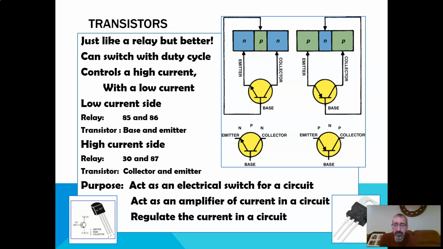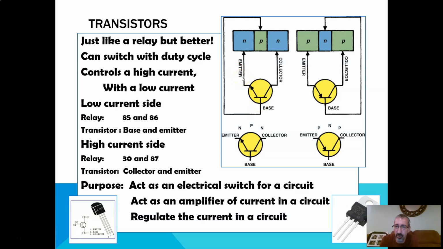So your low current side, and I'm going to supply you with a picture that really explains this even better. The low current side is 85 to 86 on a relay, and that is the base to the emitter on a transistor, okay? So the base to the emitter, that means that this is one polarity and this is the other polarity.